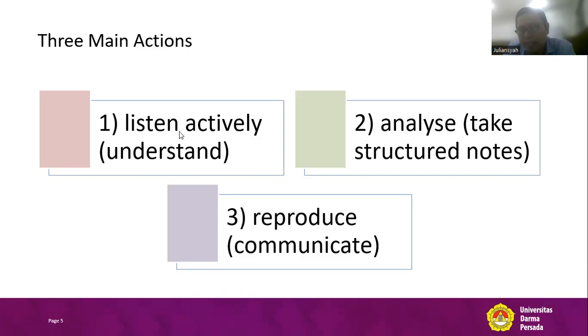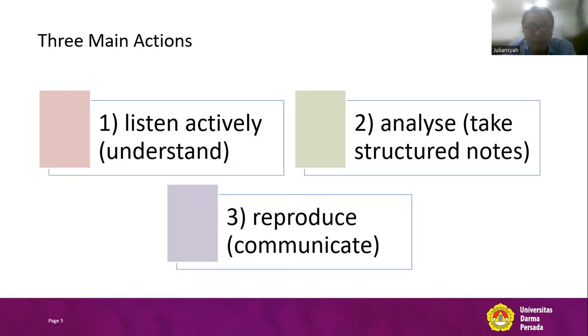After listening actively and analyzing, you reproduce. That is the most important part of interpreting, because you have to say it again, reproduce. And in reproducing, you need to have the ability to communicate.